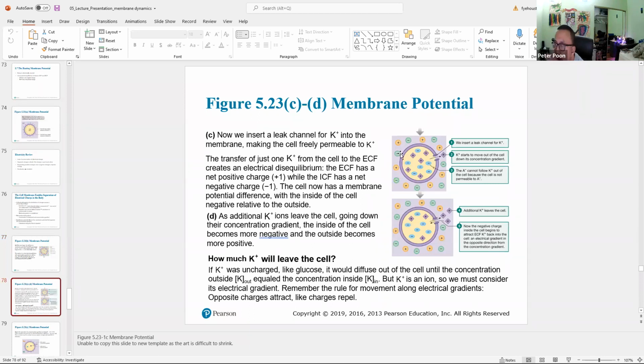So we're going to put in a leak for potassium. Potassium can actually cross relatively easily.